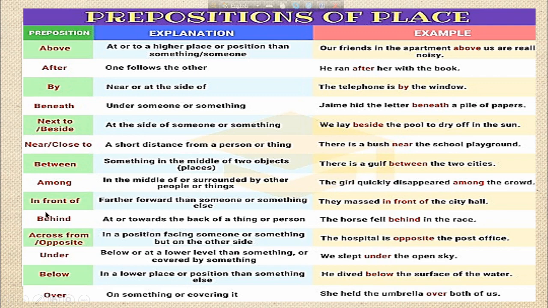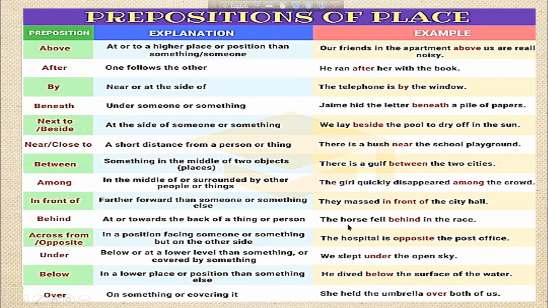In front of is another preposition of place, and this is used to mean farther forward than someone or something else. For example, they massed in front of the city hall. Behind is used to mean at or towards the back of a thing or person.